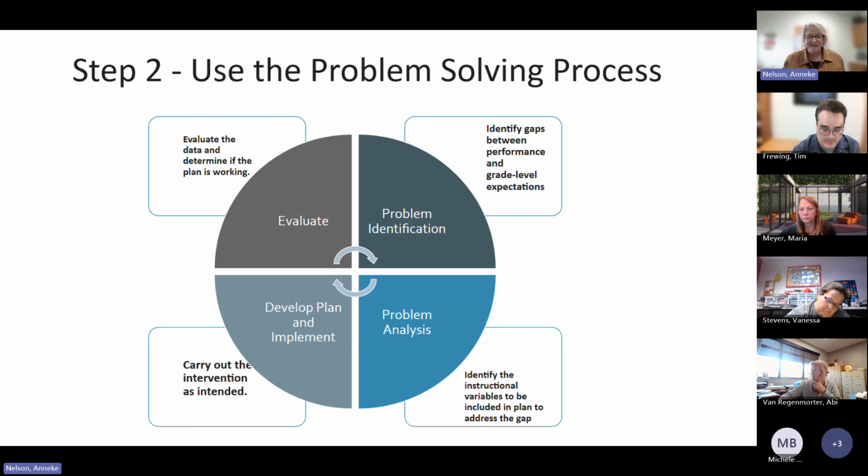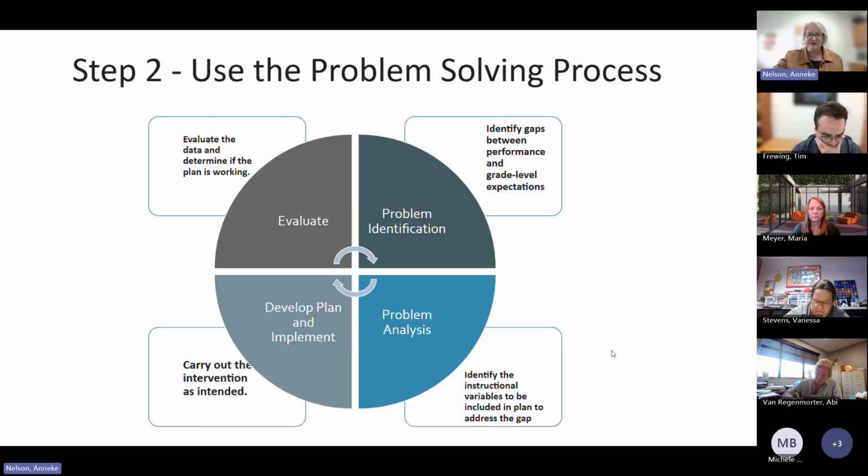And that's okay. It's okay to get through this process and find out, we thought it was this, but we now know it wasn't. That's all part of the process. You just dive back in and use your data to find another area that could be a potential reason for that gap, and start the process again.